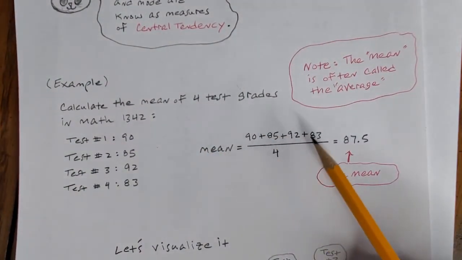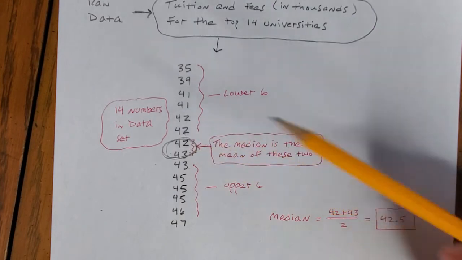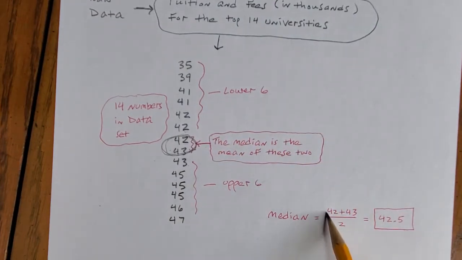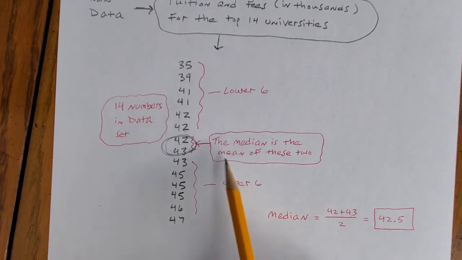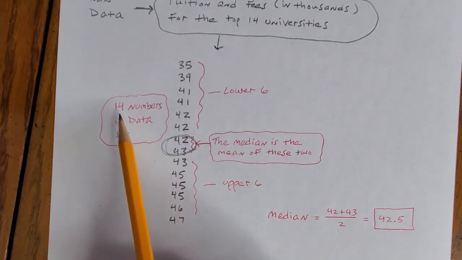You add those numbers together and you divide by how many numbers there are. So I take 42 plus 43, and that's 2 numbers, so I divide by 2. That's 42.5. So the median is the mean of those two numbers that are right in the middle. That's how you do it when there's an even number.